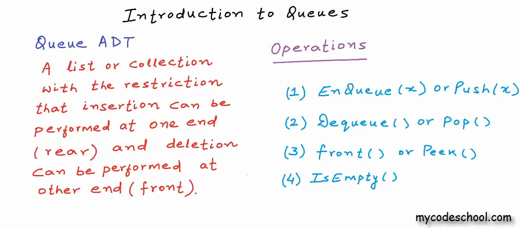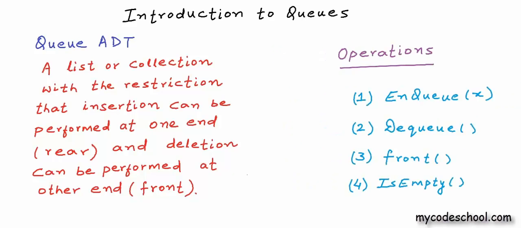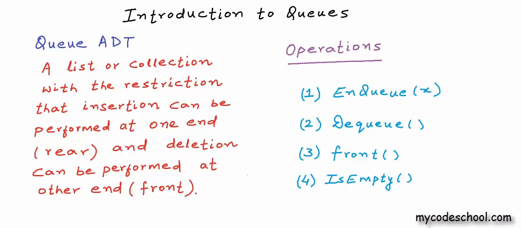So we should not confuse. I'll just keep more famous names here. Okay, so these are the operations that I have defined with QADT: enqueue, dequeue, front, and is empty. We can insert or remove one element at a time from the queue using enqueue and dequeue.